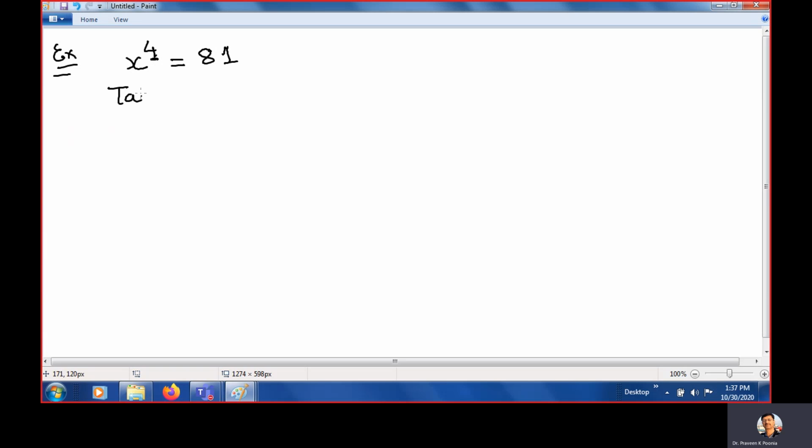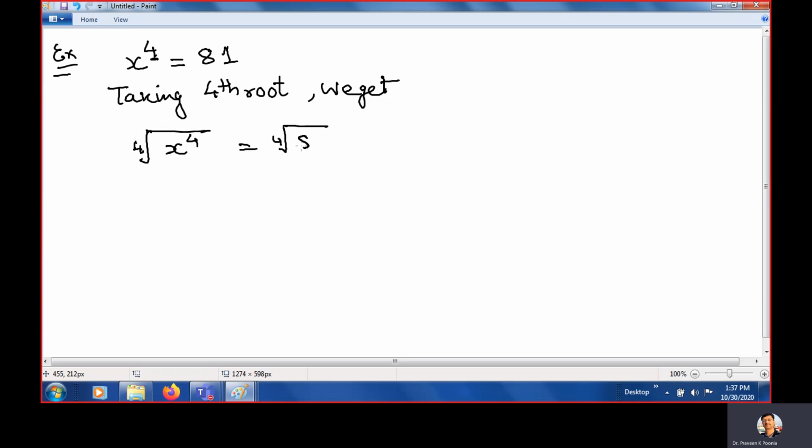So taking the fourth root, we get, look, the fourth root we are taking of x power 4 and the fourth root we are taking of 81. So this is x power 4, fourth root means 1 upon 4, and 81 to the power 1 upon 4. So how much is it? This 4 is cancelled by 4.